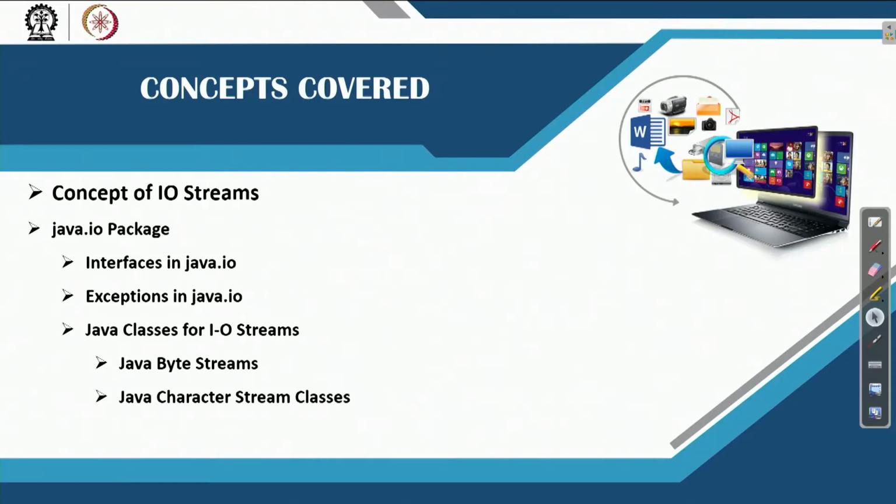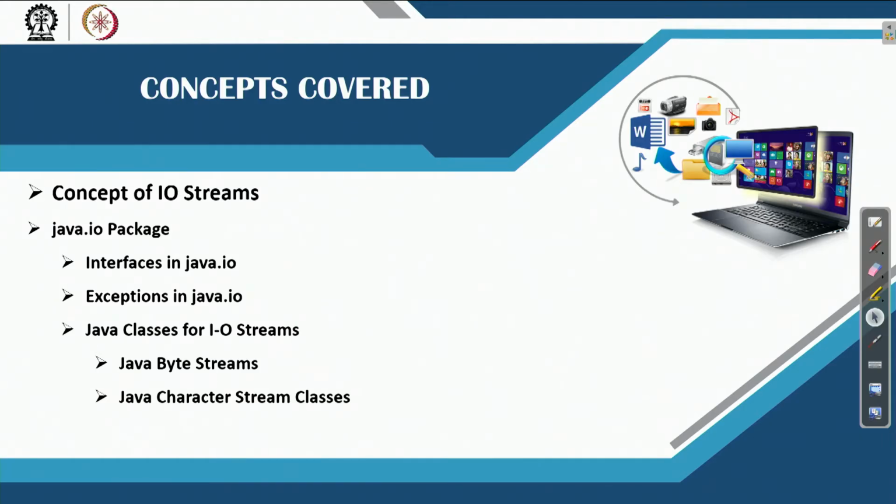There are around 70 different classes, many interfaces also, and for each class on average maybe 20 methods. So you can understand that so many things are already defined. It is a bit exhaustive and voluminous, and we will try to understand the concepts in as much detail as possible.